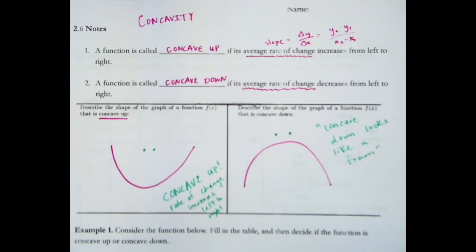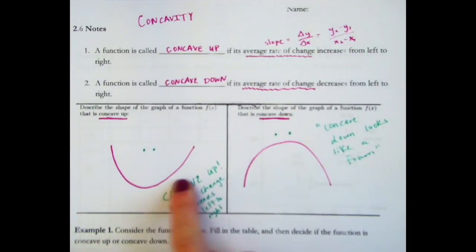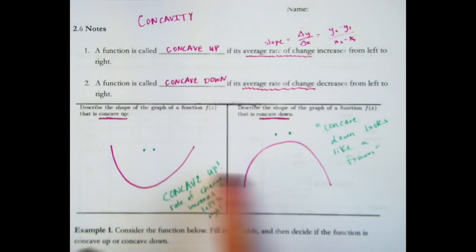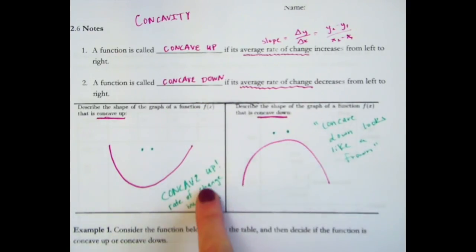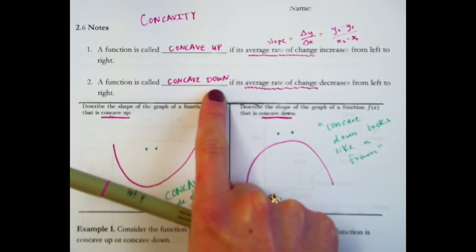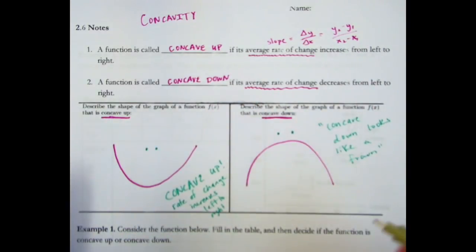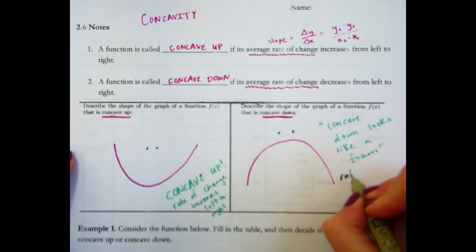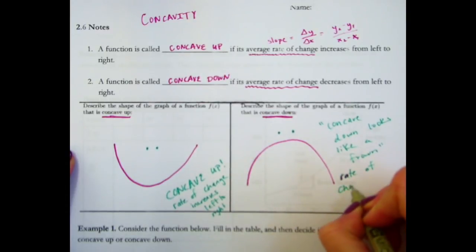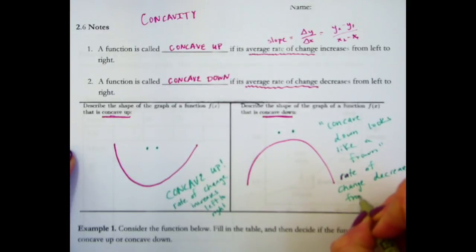Whatever works for you to remember those shapes. This is definitely something to put on a flashcard to memorize the difference between what concave up and concave down look like. And from the definition, we know concave down means the function's average rate of change decreases from left to right. So what this would mean in practice is that the rate of change decreases from left to right.